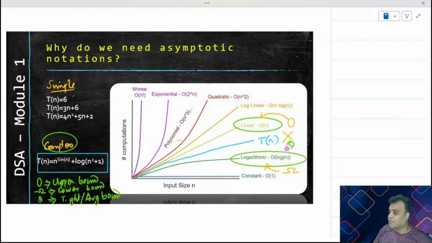And in case I can find out the average case of my algorithm, that will be represented as theta, which is also called the tight bound or the average bound of the algorithm. So that is the need for asymptotic notations. I hope you can appreciate the fact that big O, omega, theta are not best case, worst case, or average case.